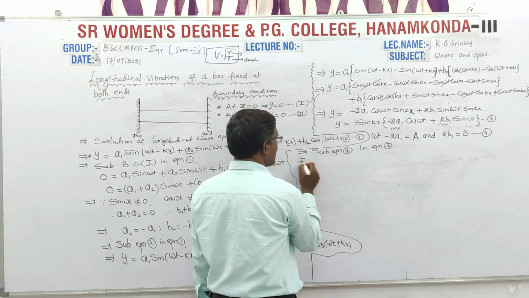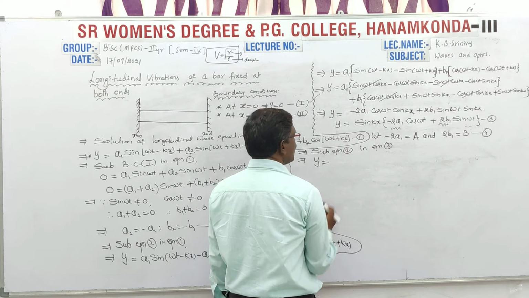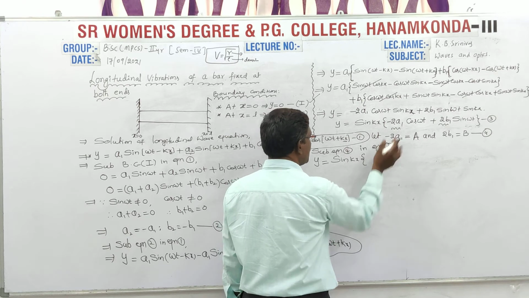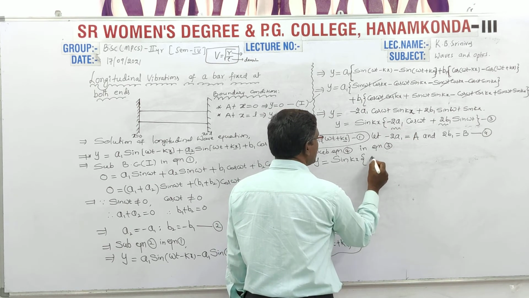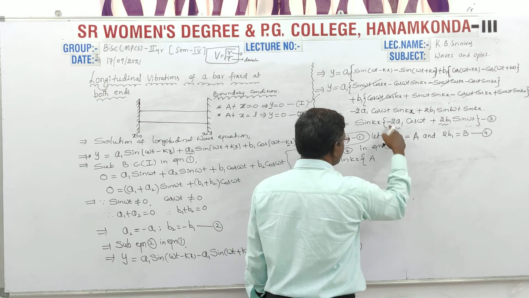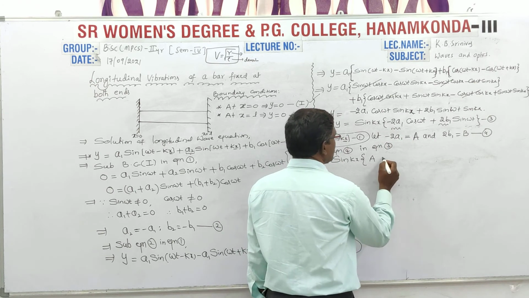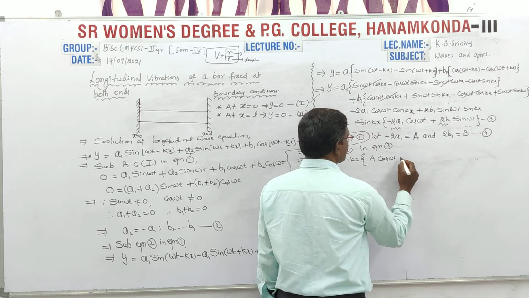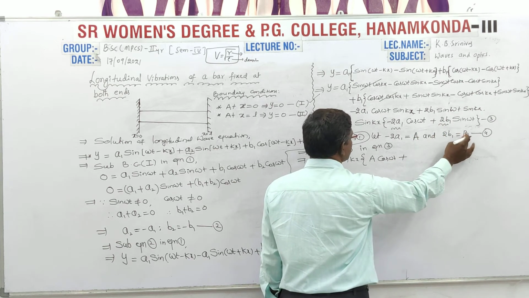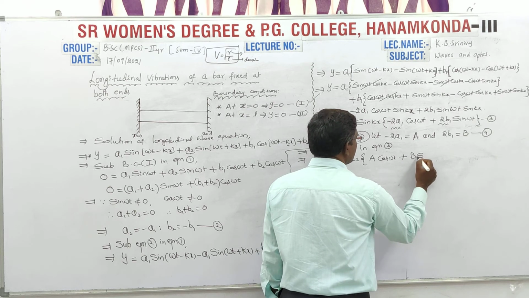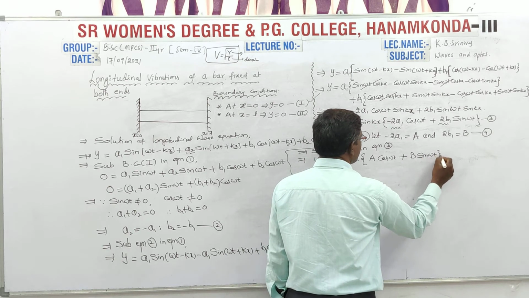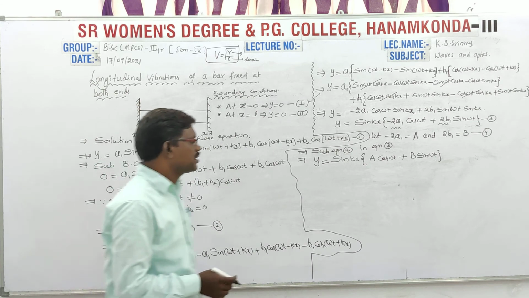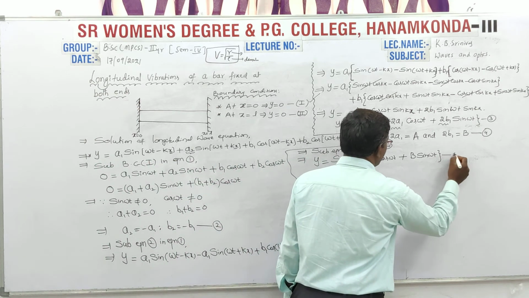So equation 3 becomes y is equal to sin kx of A cos omega t plus B sin omega t. Is that clear? Let this expression be number 5.